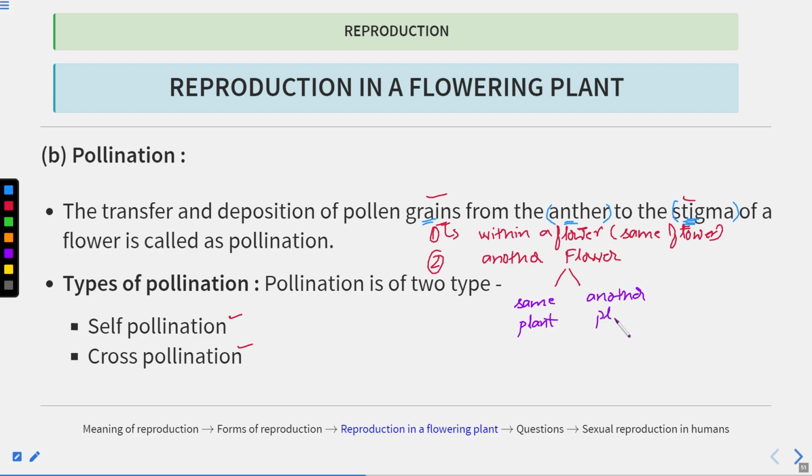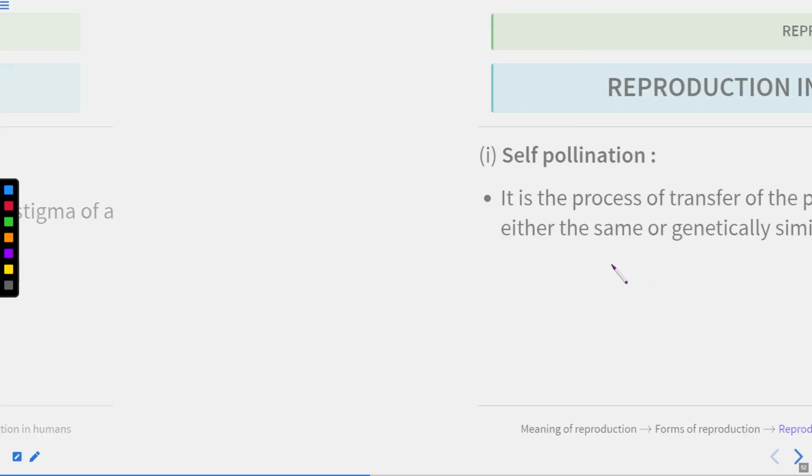So these are the cases that can take place during pollination. Either the pollination can take place in the same flower or another flower, and that another flower can be present on the same plant as well as on another plant.